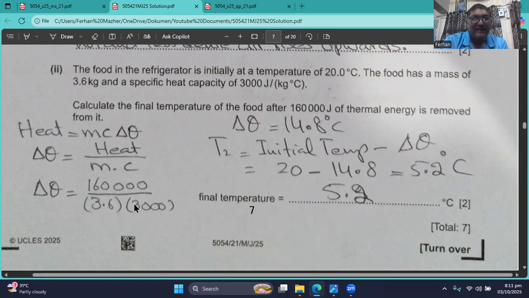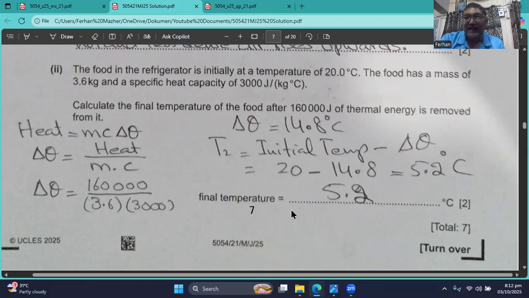When you do this calculation, delta theta will be 14.8 degrees centigrade, which means the change in the temperature. Because the temperature is dropping, T2 will be the initial temperature minus the change: 20 minus 14.8, so 5.2 degrees centigrade.